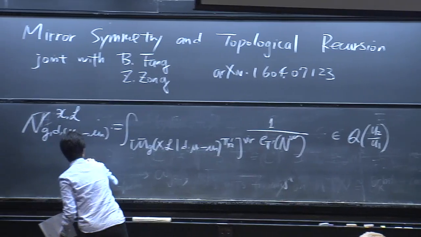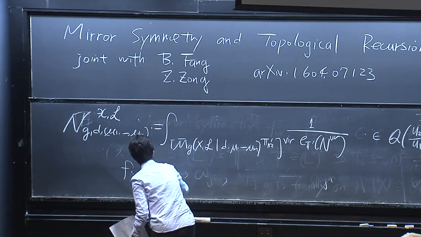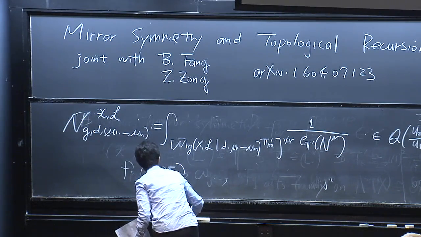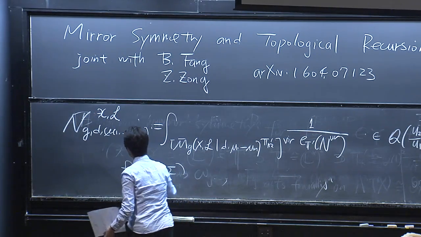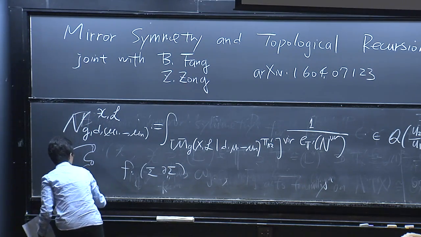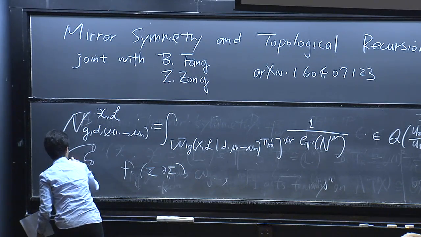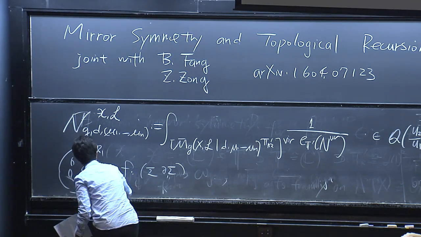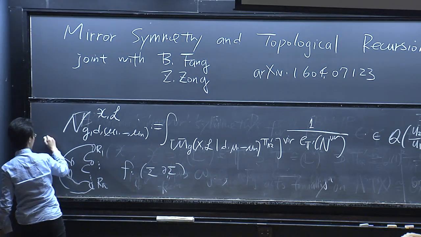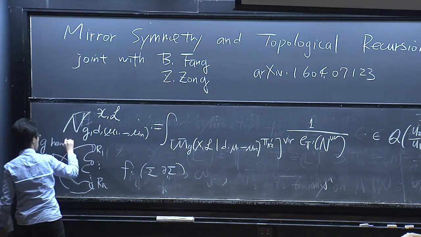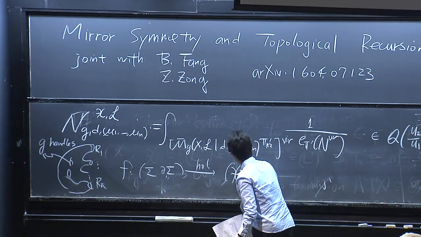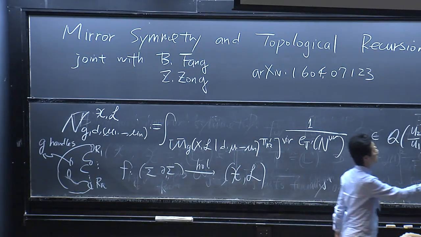This parameterizes holomorphic maps from a Riemann surface of genus G with M boundary components, so there are M holes and G handles, mapping to the target X with boundary in this L.